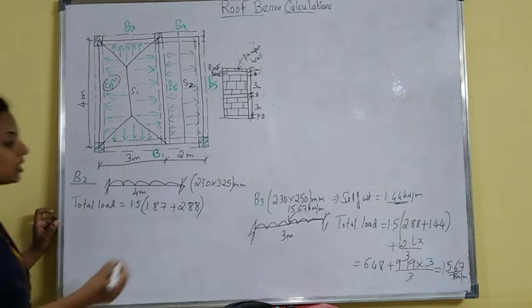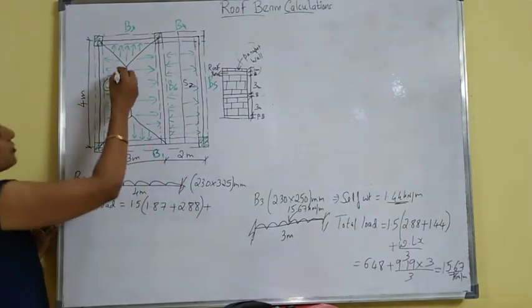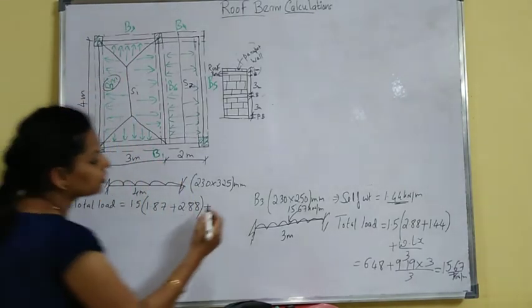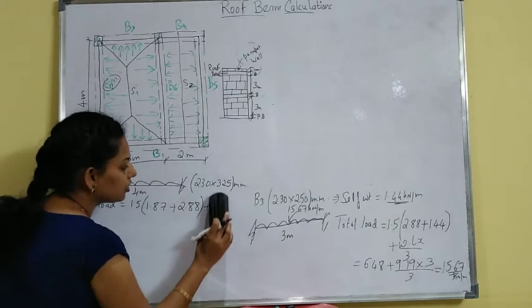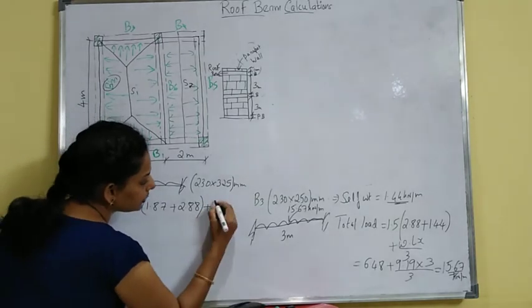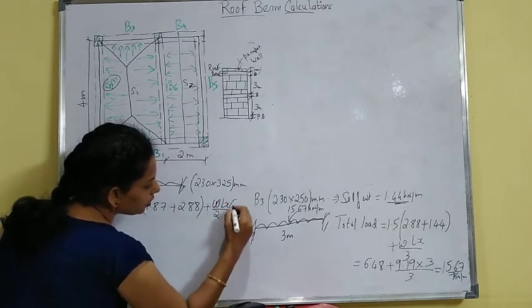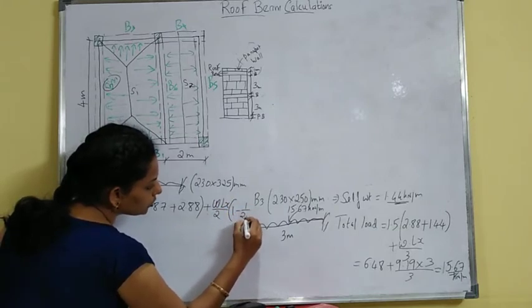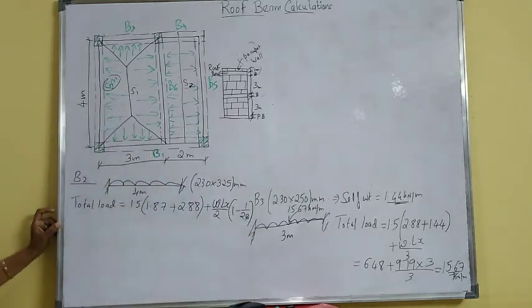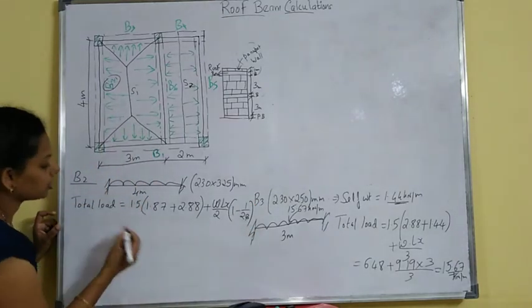Then here we have one trapezoidal load, whose formula is W into Lx by 2, into 1 minus 1 by 2 beta. This is your formula for trapezoidal load.